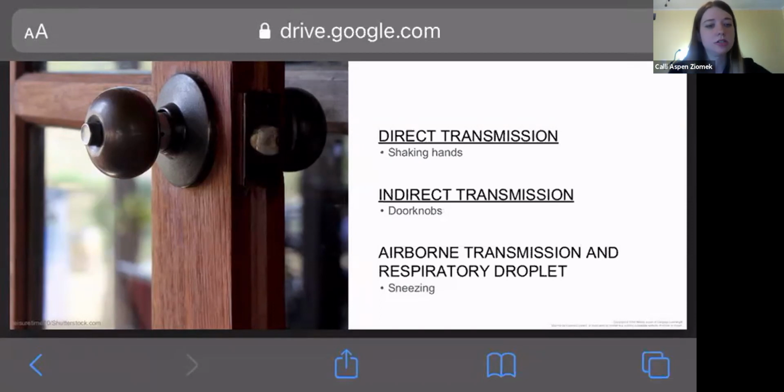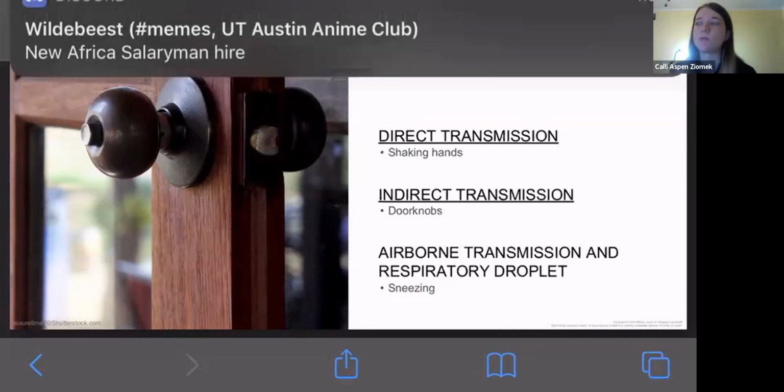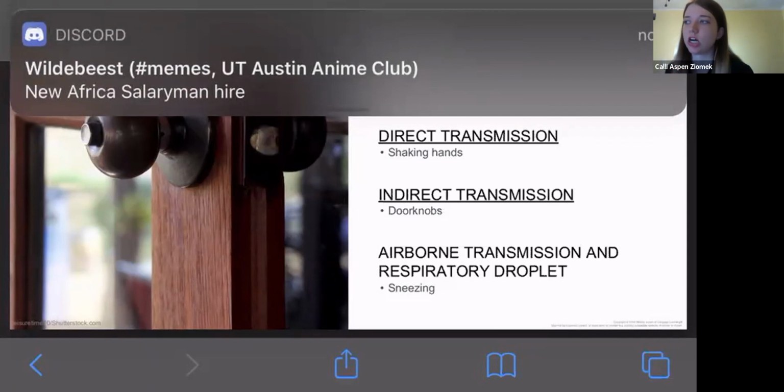Airborne particles are smaller and hang on to the air longer, and respiratory droplets can be more effectively controlled with masks. So COVID, influenza, those types of pathogens are airborne transmissions. It's not just that the infection is in the air; the infection is in the air because somebody coughed or talked or something like that.